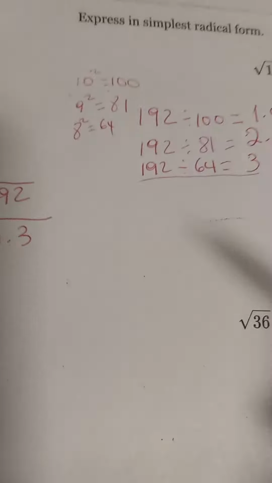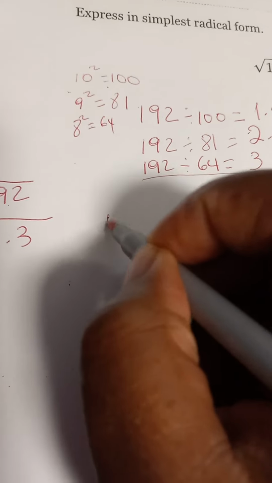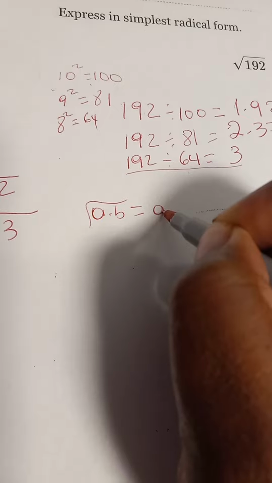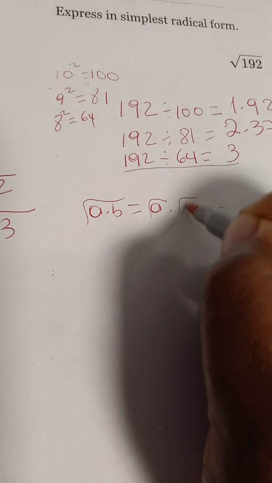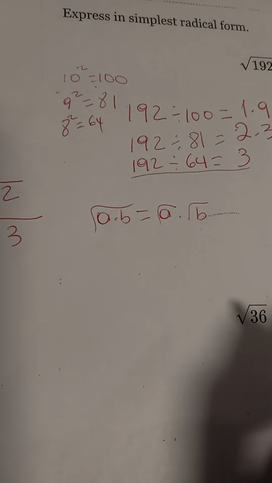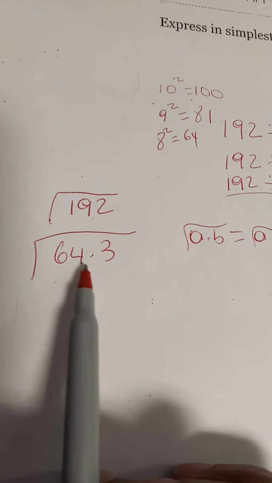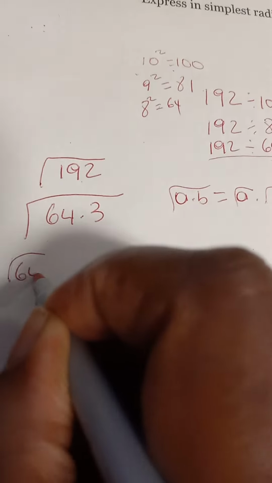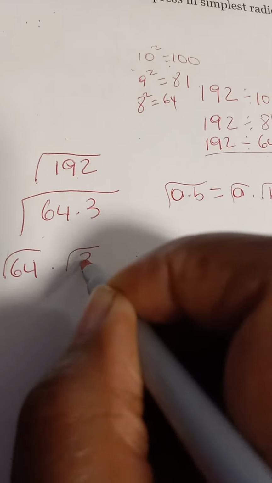So remember, the radical of a multiplied by b is the same as radical a times radical b. So now we have 64 multiplied by 3, and we're going to rewrite this as radical 64 multiplied by radical 3.